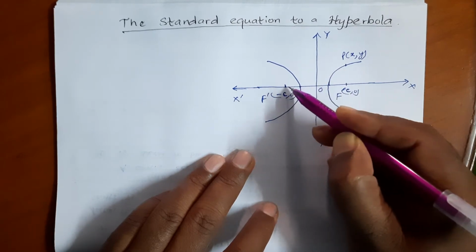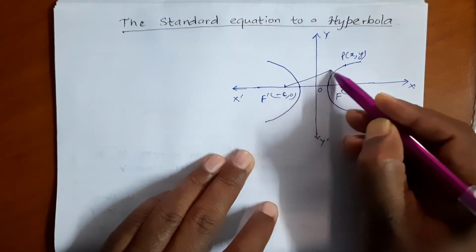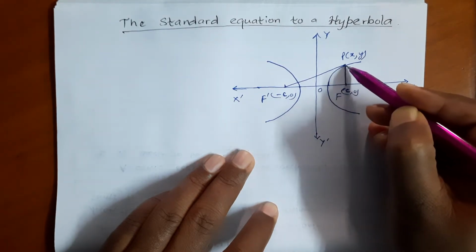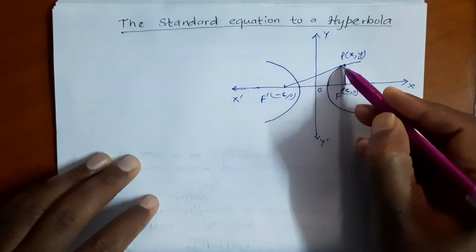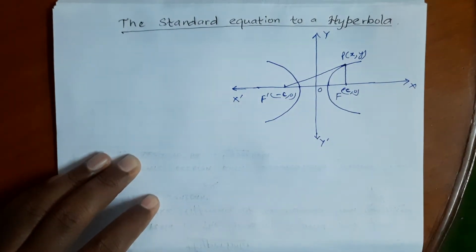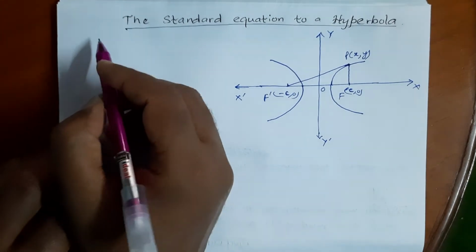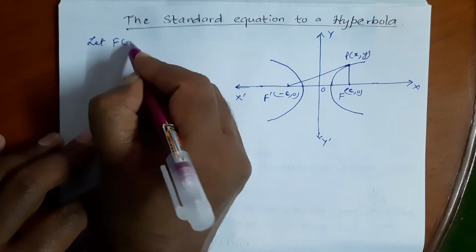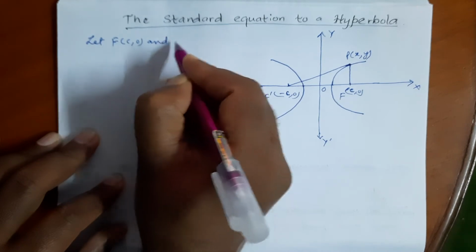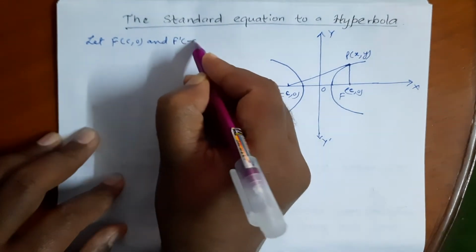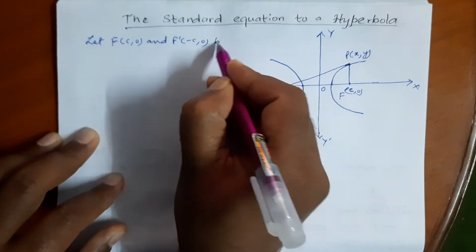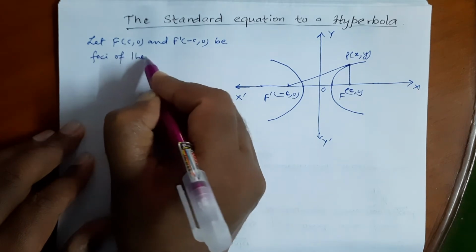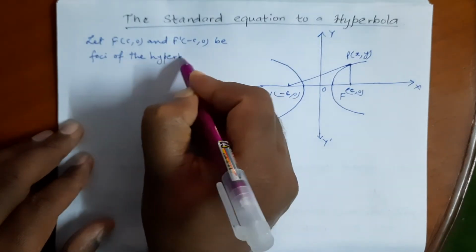Let us join F' with P and F also with P. Let F(c, 0) and F'(minus c, 0) be the foci of the hyperbola.